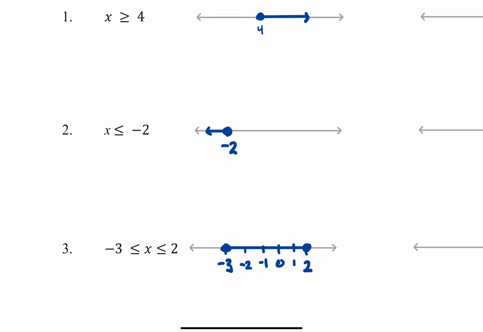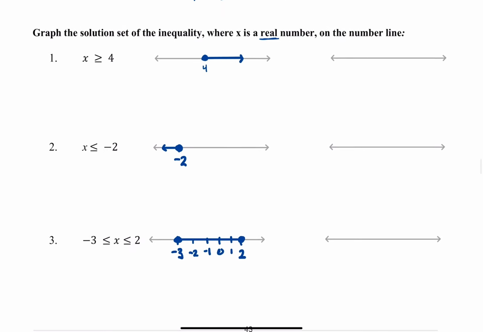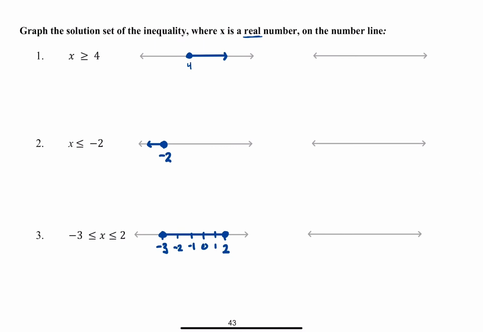One other thing I should go ahead and say before we get to the more complicated examples is what if we were to replace the word real with the word integer? Integers are whole numbers, positive or negative. So the way that would change this is, yes, we would still have 4 right here, and we're still going to be looking at the values to the right.